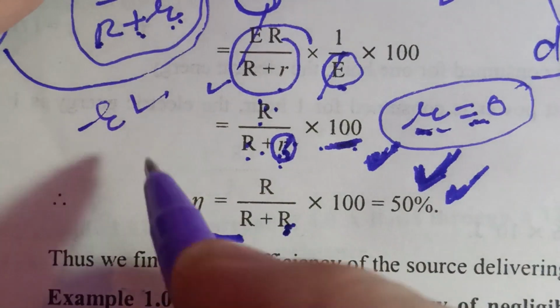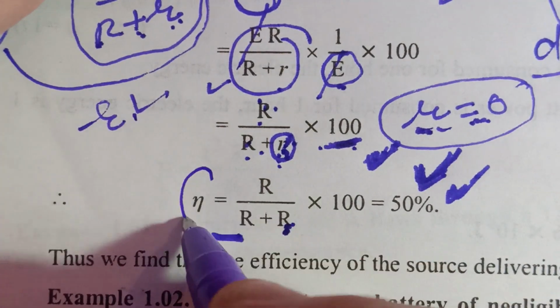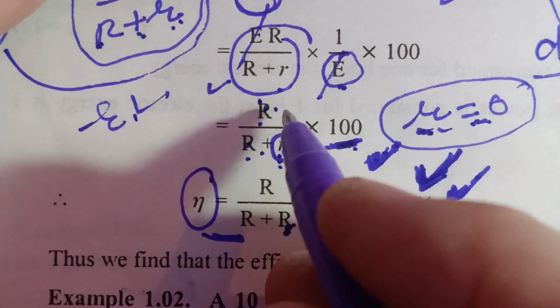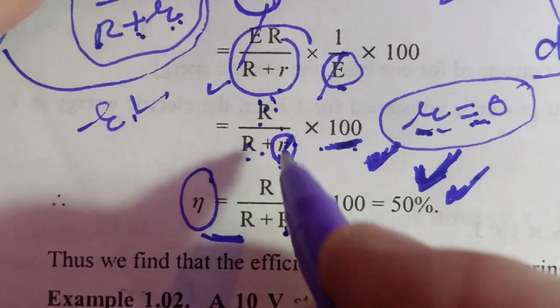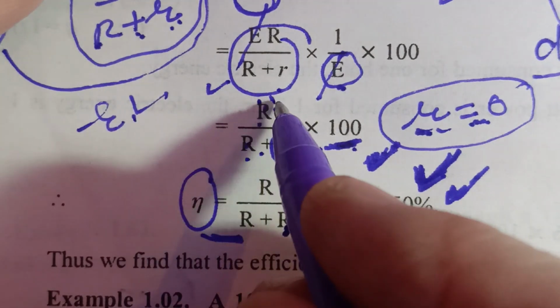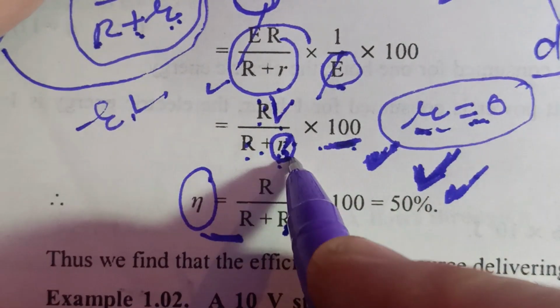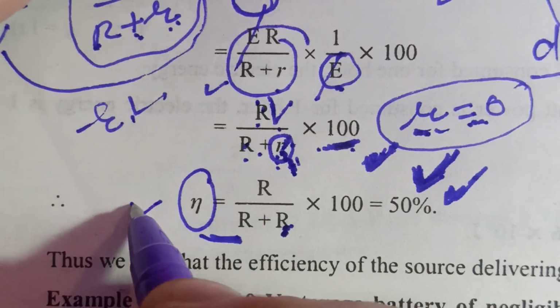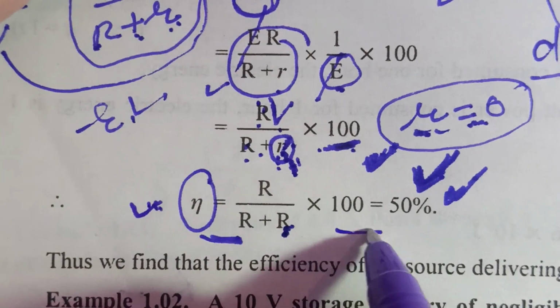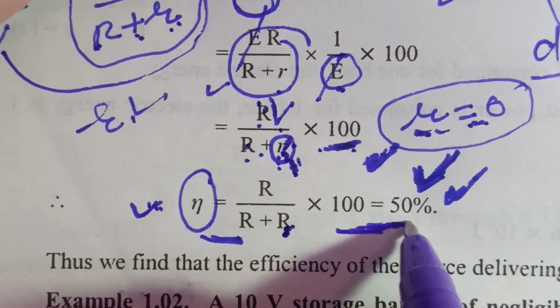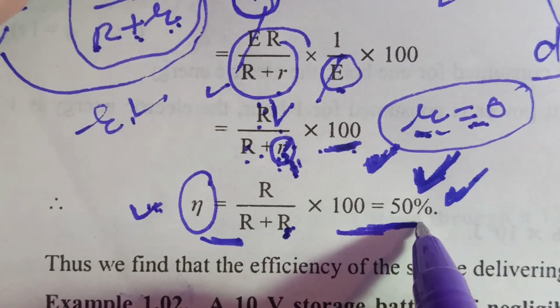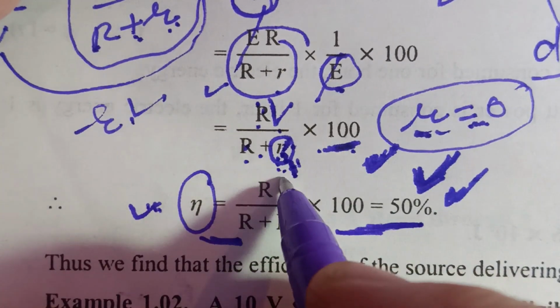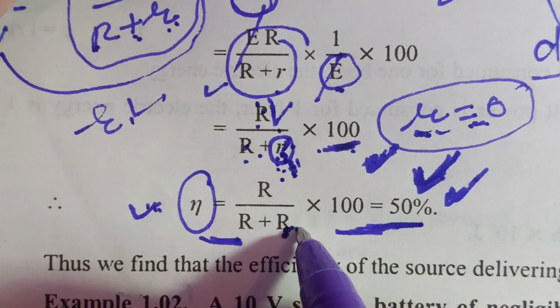So efficiency of the battery becomes maximum only when the external load equals the internal resistance of the battery. So this is very, very important. Maximum power is delivered to the external load when the external load equals the internal resistance of the battery.